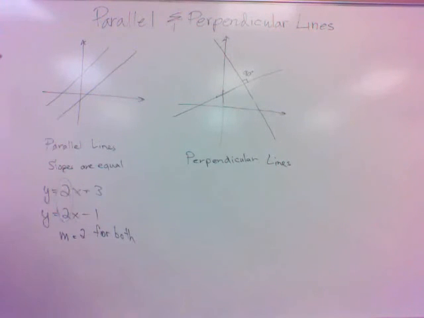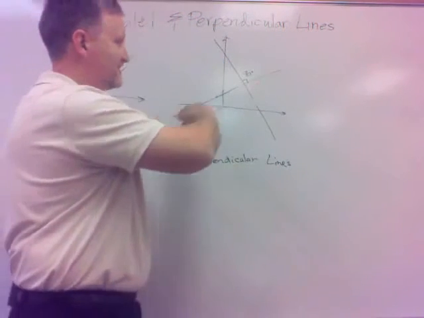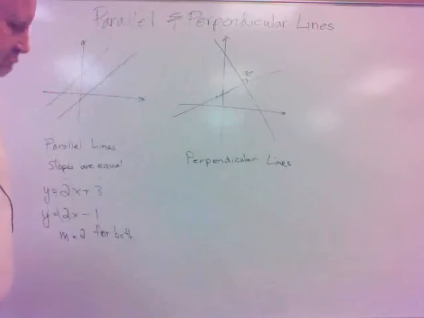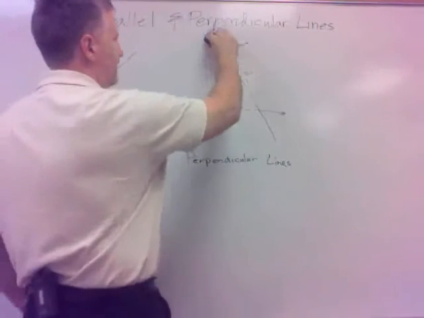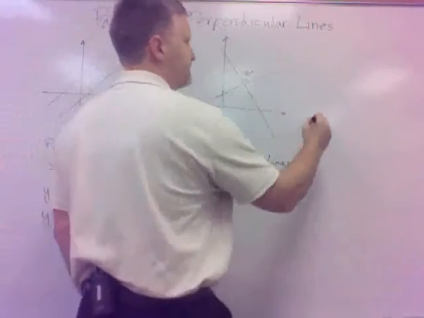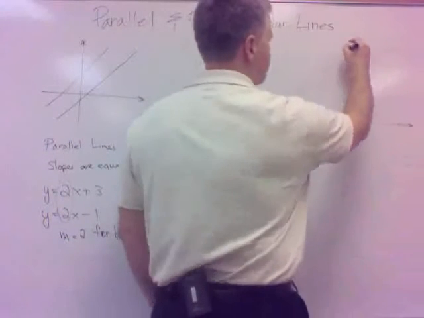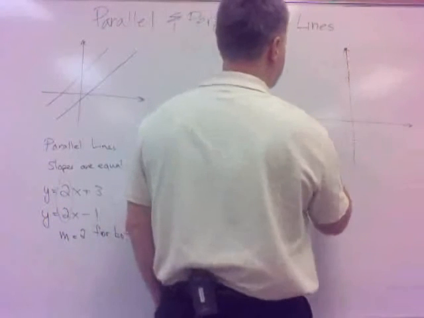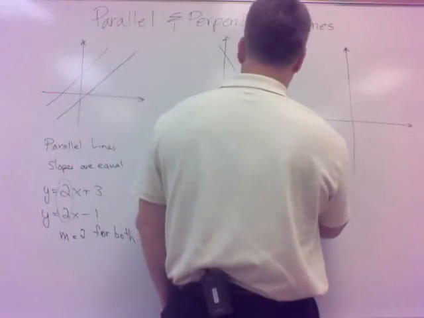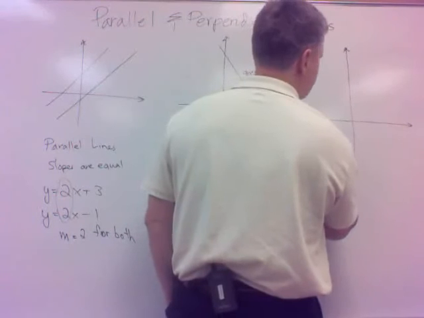Those would be parallel. Now, on the perpendicular side here, are these slopes the same? Not really at all. Let me do another set here. Let me make it even more pronounced.